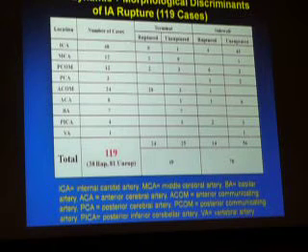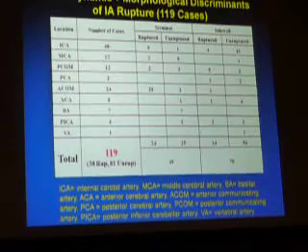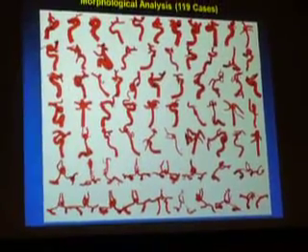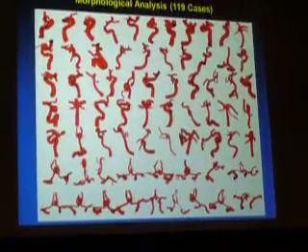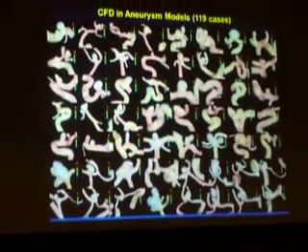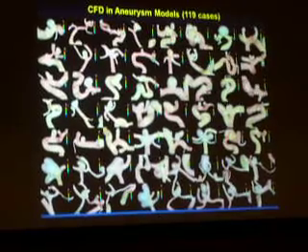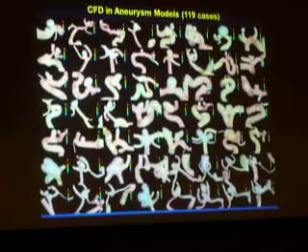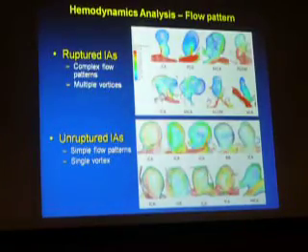We have both terminal and side wall. Altogether, we have about 38 ruptured, and the rest are unruptured. We did morphological analysis, and we did CFD on each one of them. So we did the flow analysis, and here is the result.